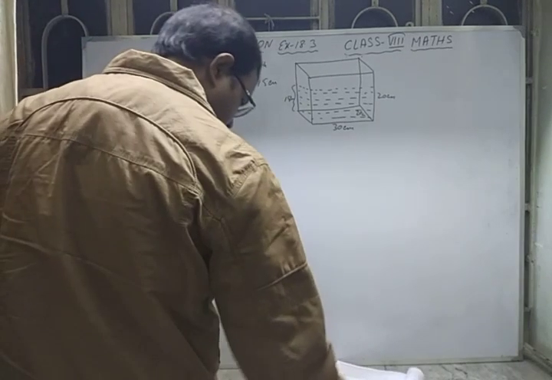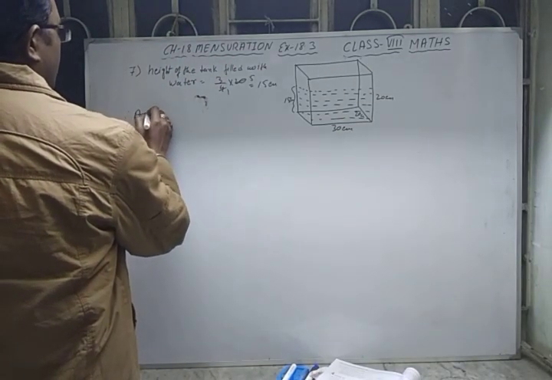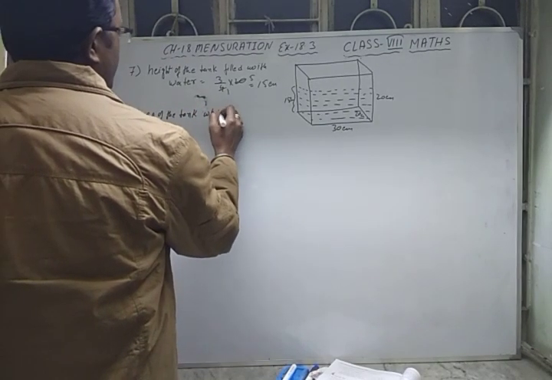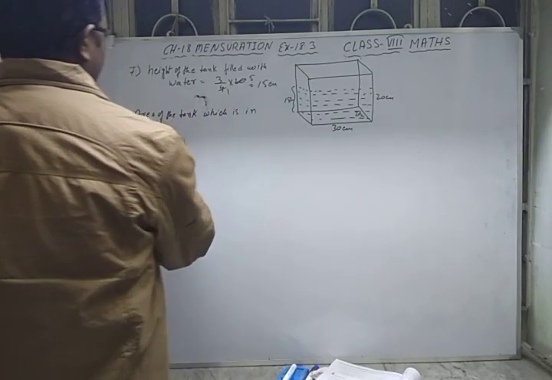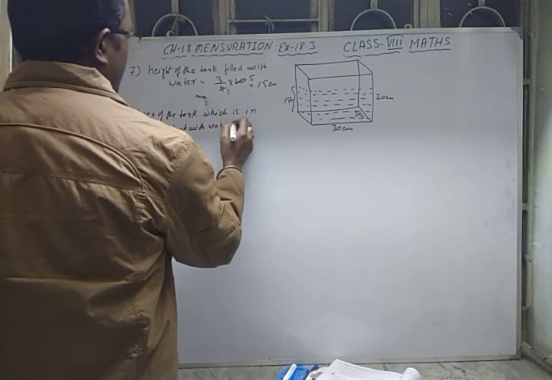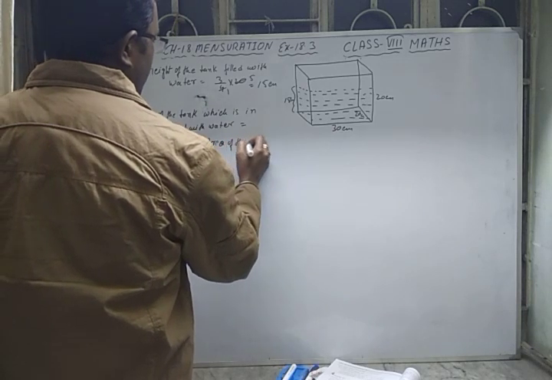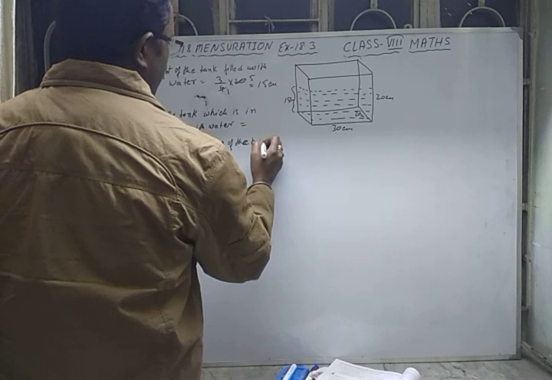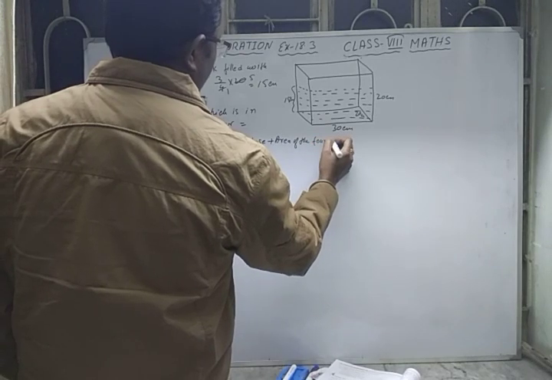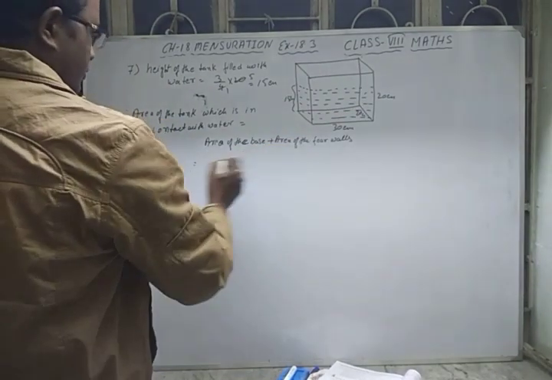So we write the statement: the area of the tank which is in contact with water is equal to the area of the base plus the area of the four walls.